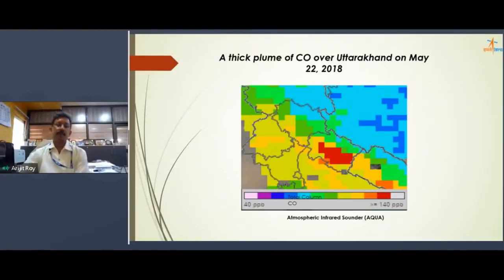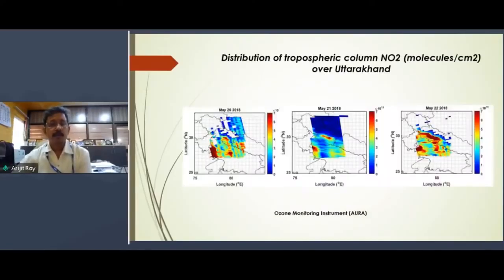Apart from that, based on satellite retrieval, we could also identify the accumulation of carbon monoxide due to forest fire in this region. And we can also see the concentration of nitrogen dioxide over Uttarakhand has been seen to increase, mainly because of the forest fires.